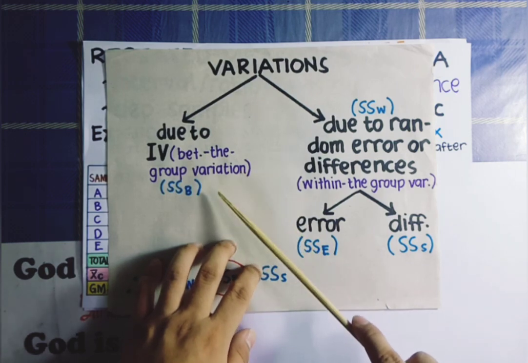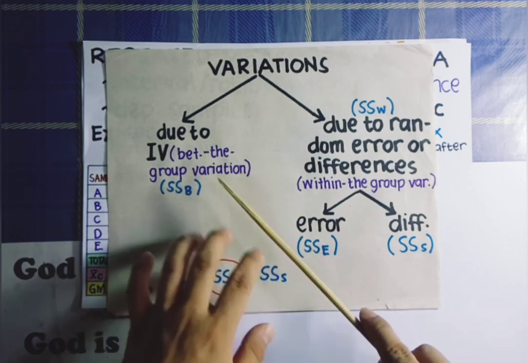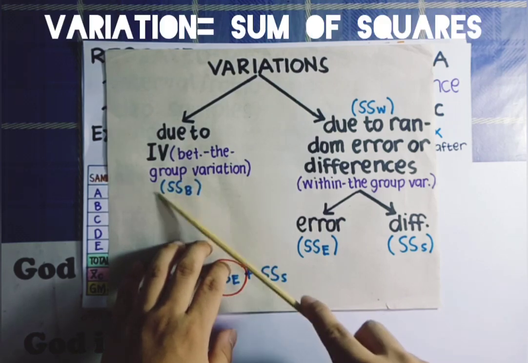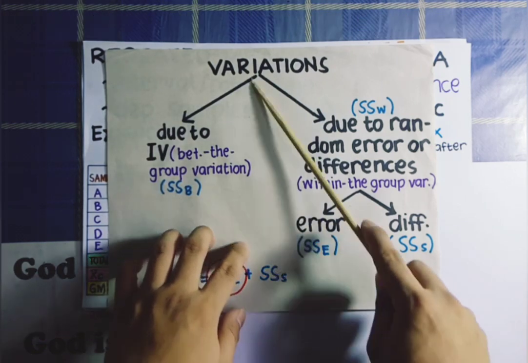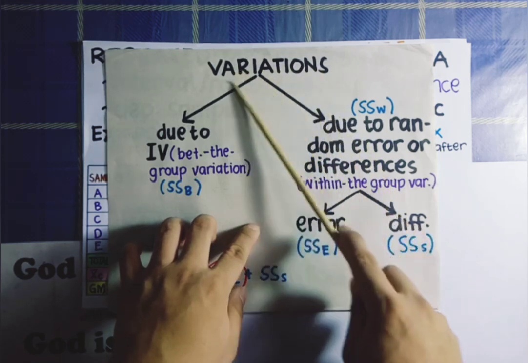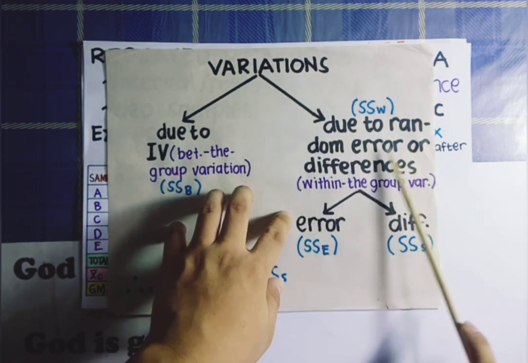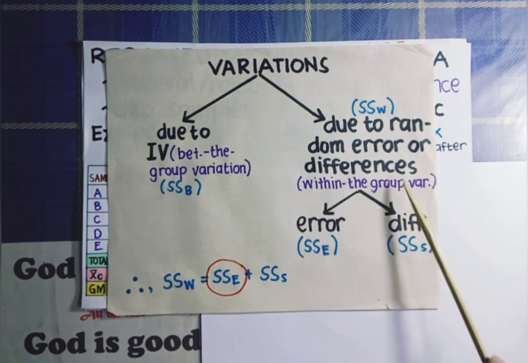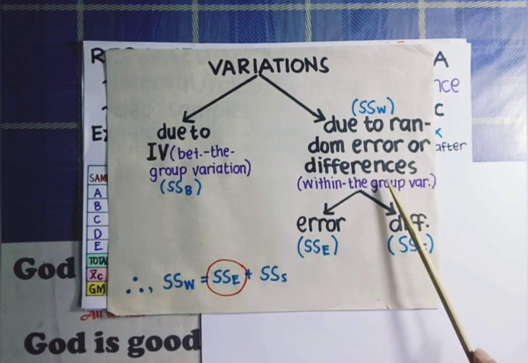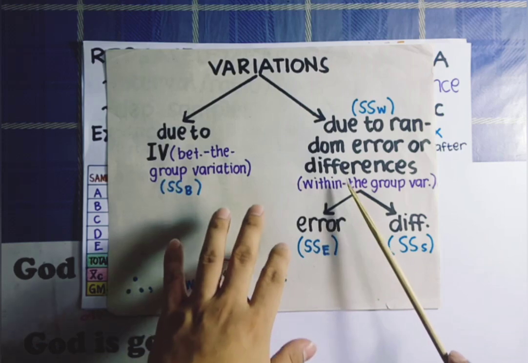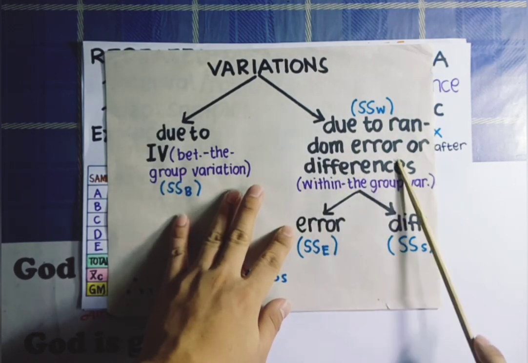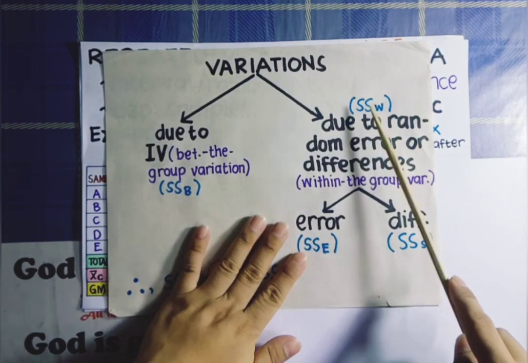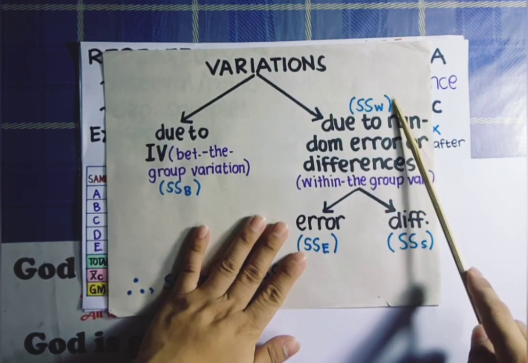In ANOVA, that is numerically represented by our SSB or sum of squares between the group. Or variations may happen due to random error or differences, which we call the within the group variation. In ANOVA, the variations due to random error or differences are represented by our SSW or sum of squares within the group.